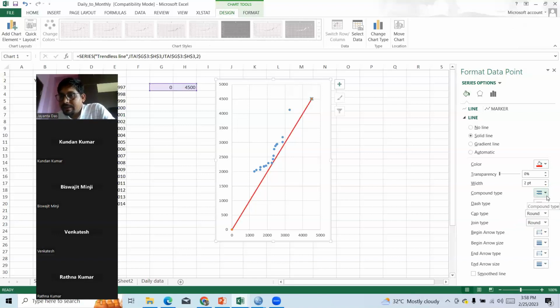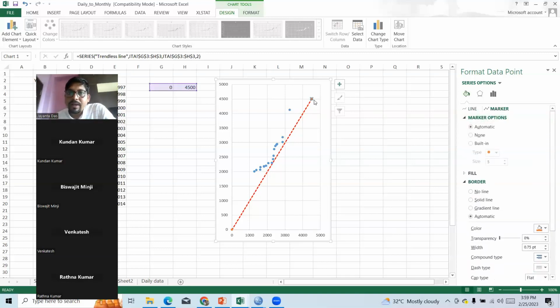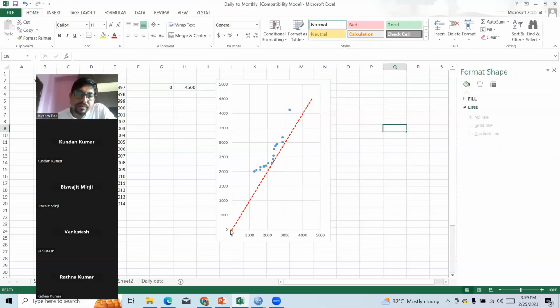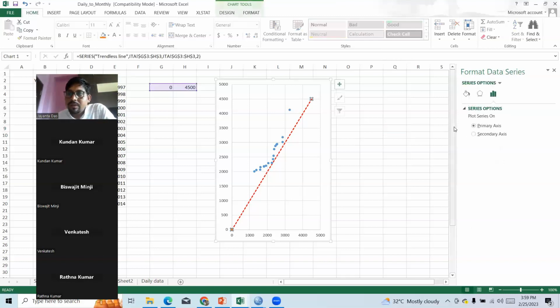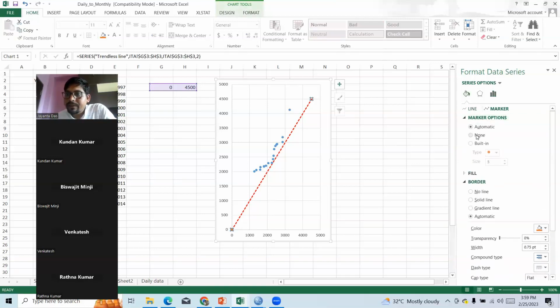Right, you can change line thickness, that's the width. You can change dash type. Okay, and this here is called a marker. So just select none. Marker option, none.